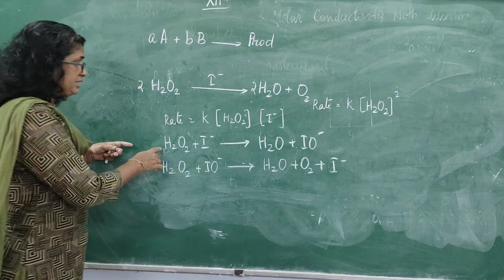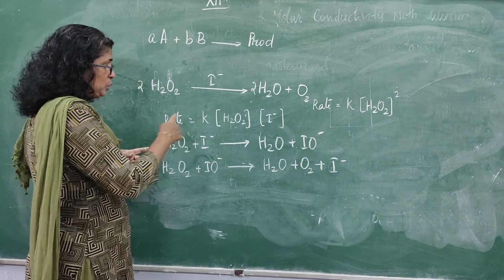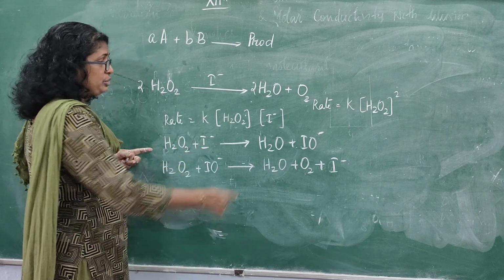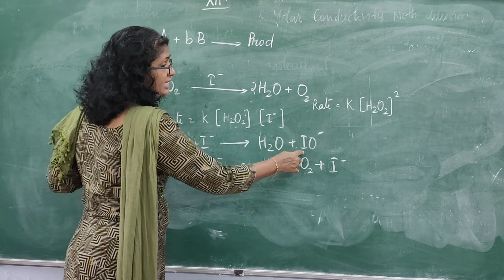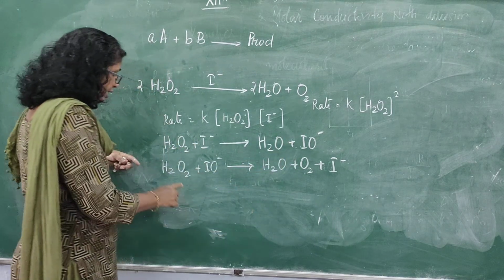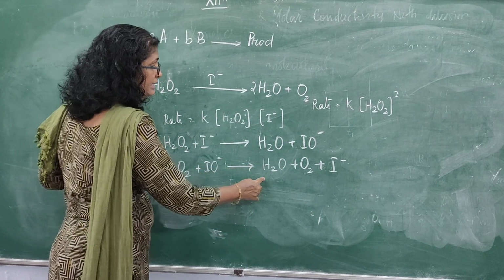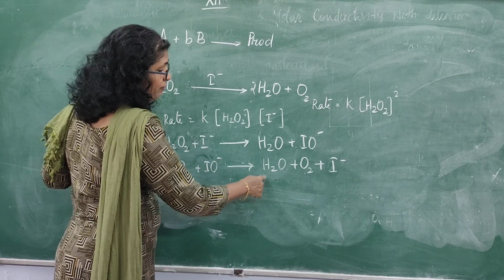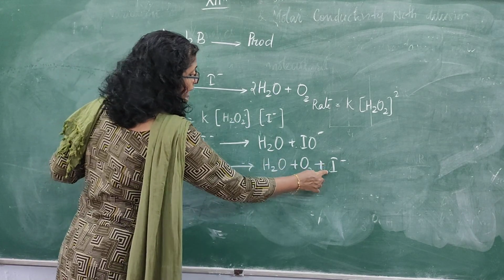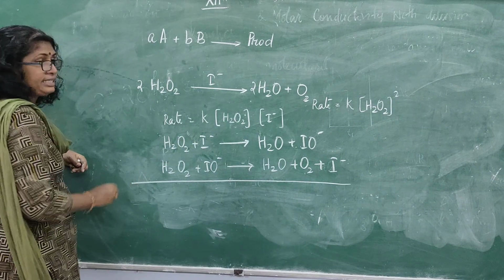So in the first step, one molecule of H2O2 reacts with I minus to give H2O plus one intermediate, that is IO minus. In the second step, H2O2 plus IO minus reacts again to give one molecule of H2O, one molecule of oxygen and I minus. What is the net reaction taking place?